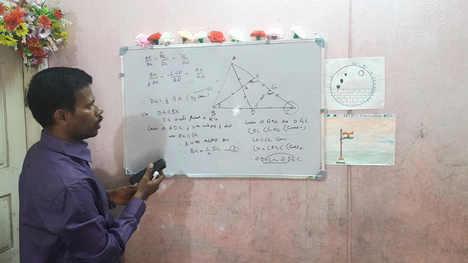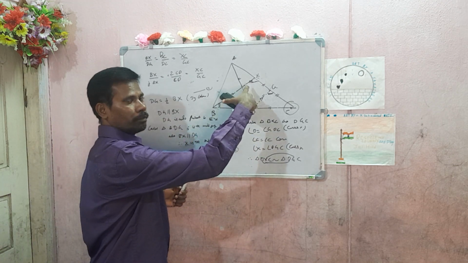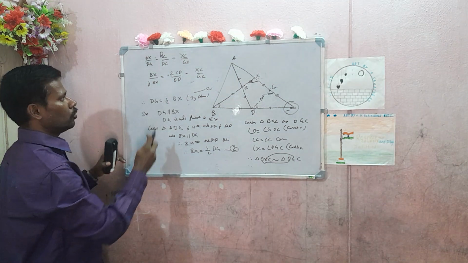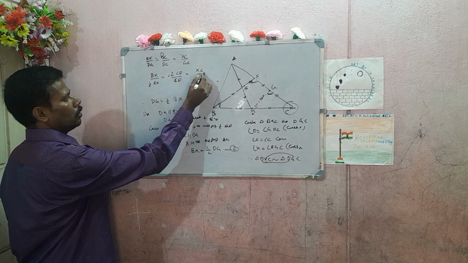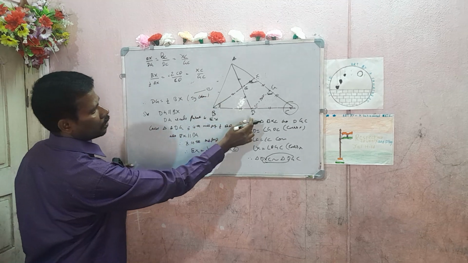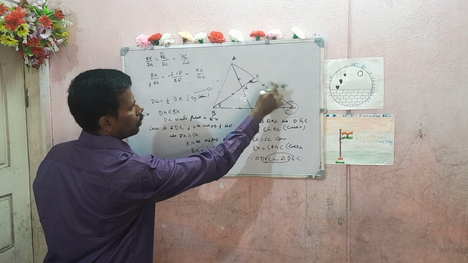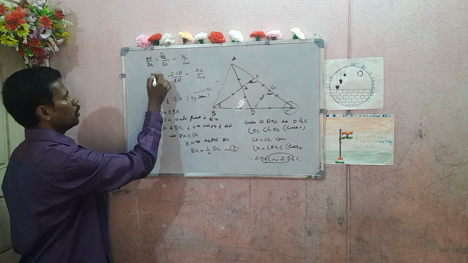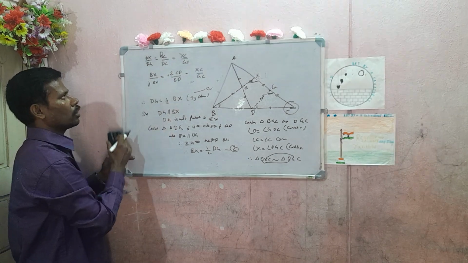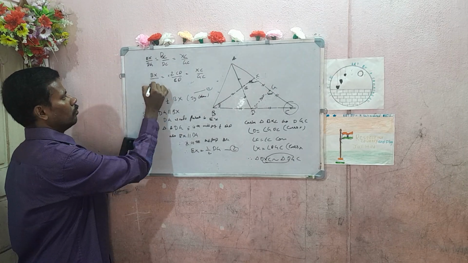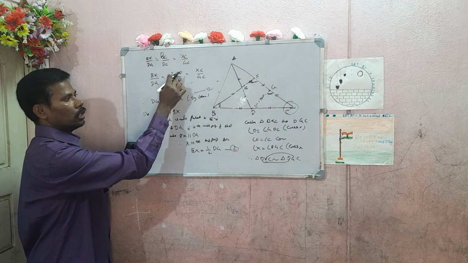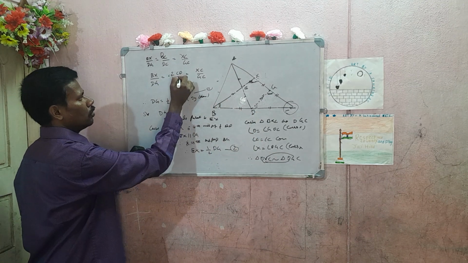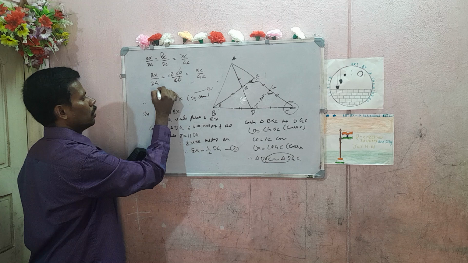So, next what do you have to prove? BX to EX is something they have given now. So, here do one thing. Keep BX by DG like this only, don't change this one. BC is nothing but 2 times CD, CD cancels.